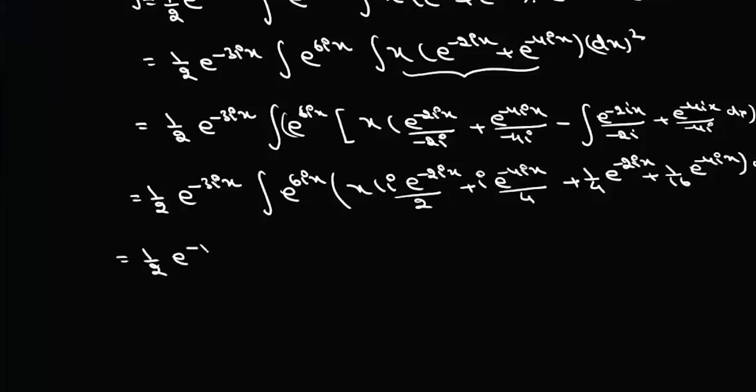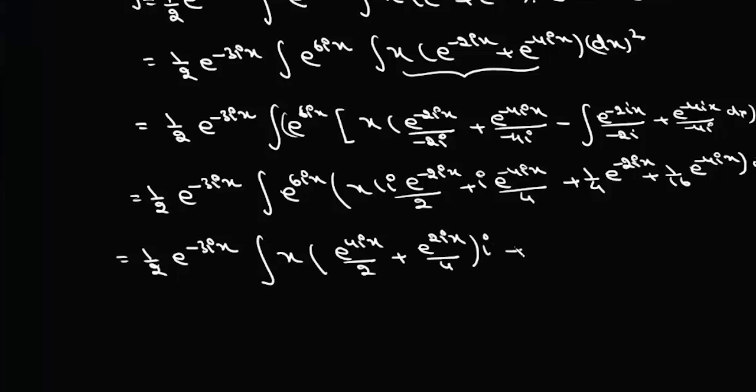1 by 2 e to the power minus 3 iota x, and here will be this x into e to the power 4 iota x upon 2 plus e to the power 2 iota x upon 4 into iota, and plus 1 by 4 e to the power 4 iota x plus 1 by 16 e to the power 2 iota x into dx.